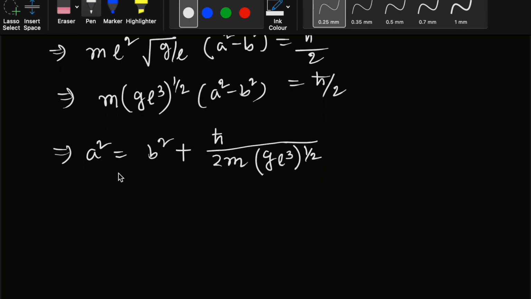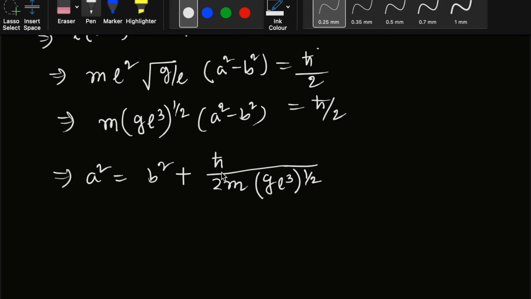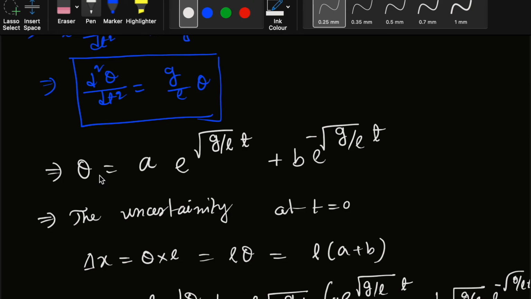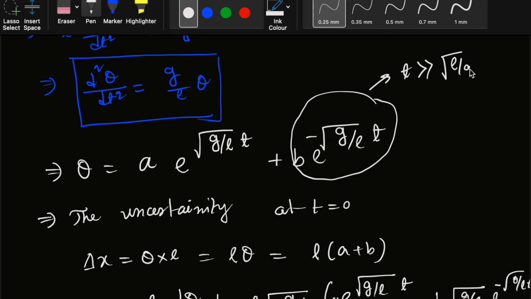So we can calculate the value a and b from this relation, but let us see the relation of theta. Theta will be a e to the power root over g by l t plus b e to the power minus root over g by l t. This term can be neglected when t is much greater than root over l by g.